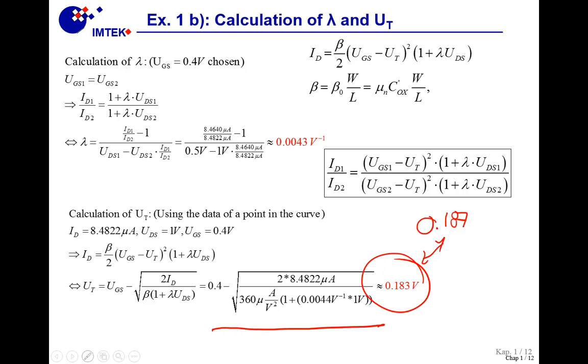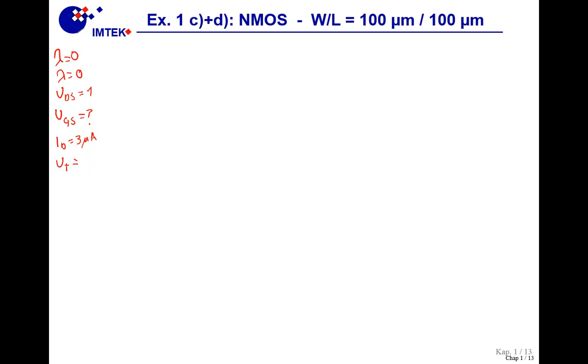Yeah. It was this one here. So it's 0.0043. And our UT was 0.183. All right.